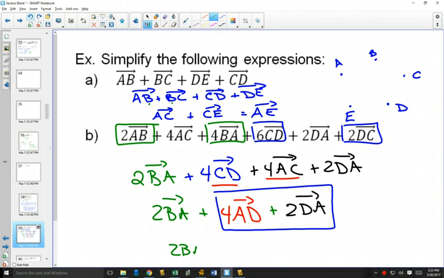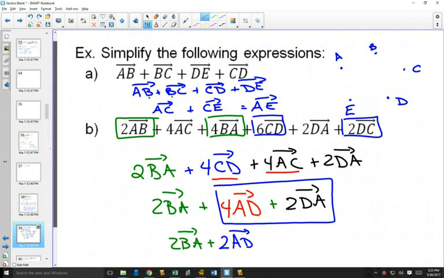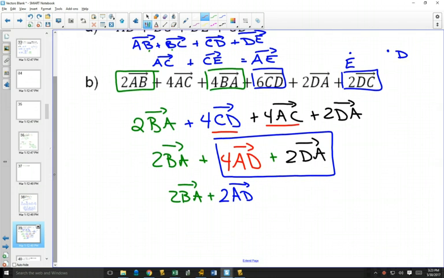So we'll have our 2BA plus, and after these cancel out, 2ADs. Those nicely match up with the middle numbers being A. We have 2 of them, so we end up with 2 BDs in the end.